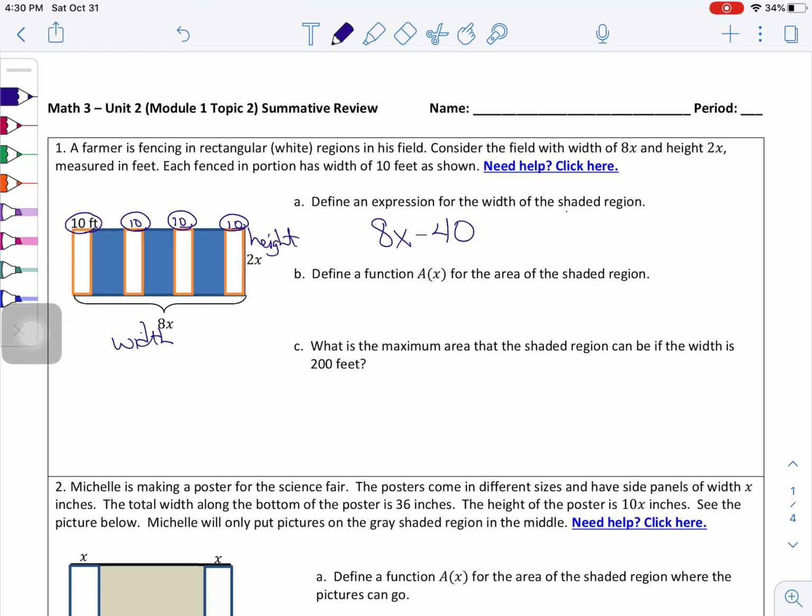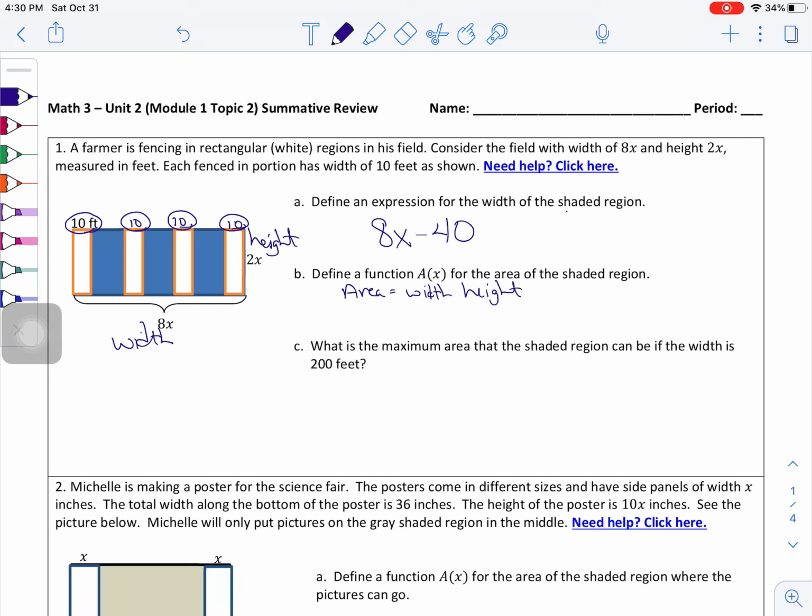So then part B says to define a function A of x for the area. Well, one way to define area is equal to width times height. Spelling not my strong suit.